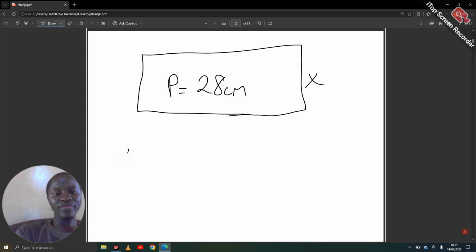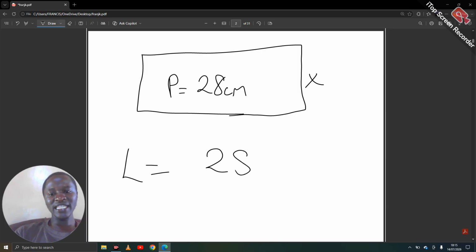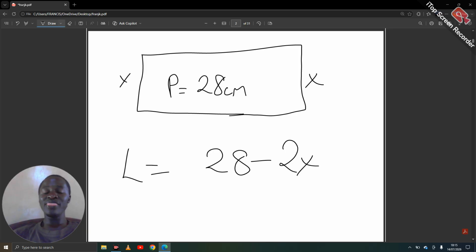So to get length, it will be 28 minus, how many widths do we have? We have 1, 2. So minus 2x. Remember, I want one length.